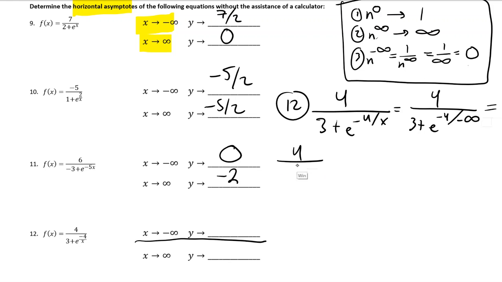So the next thing you should have attempted to do was deal with this exponent on e. Try to figure out what all of this mess comes out to be.